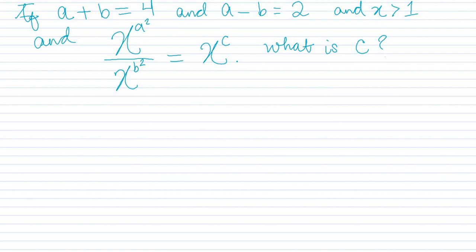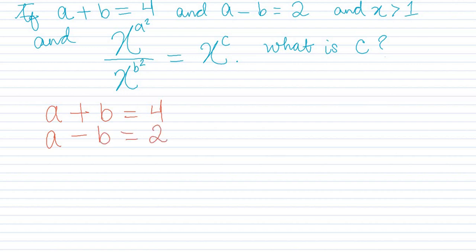So the first thing we have to do is to observe that we have two sides of the question, right? The first part of the question is a plus b equals 4, right? And then you have a minus b equals 2.